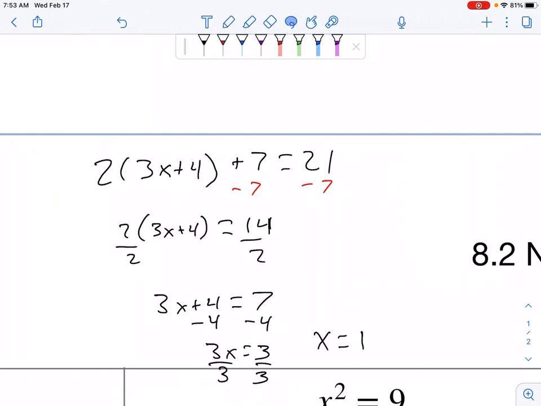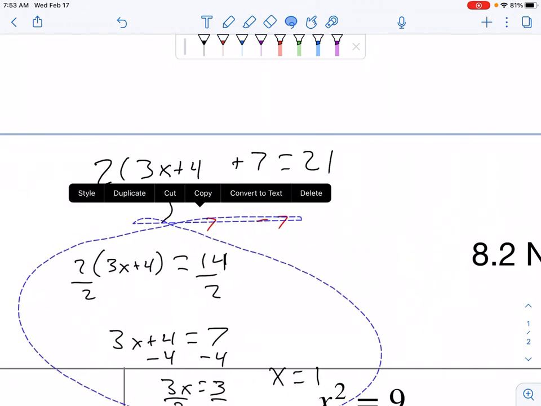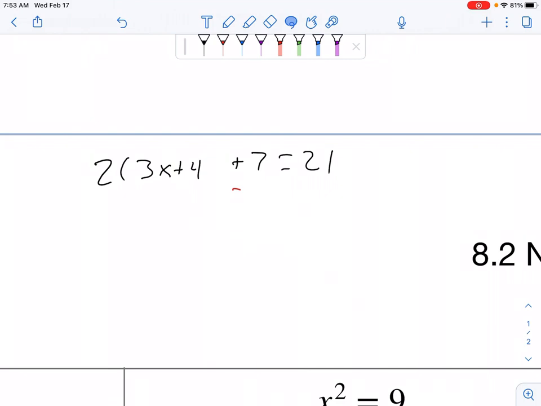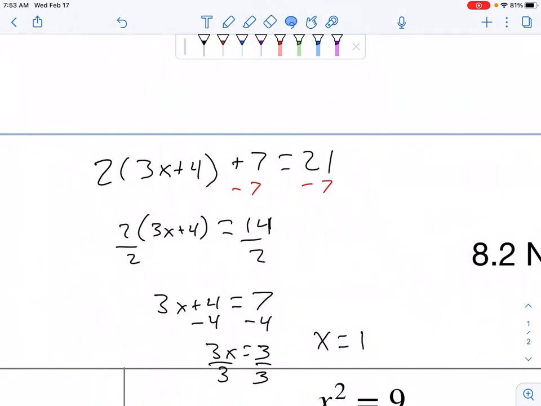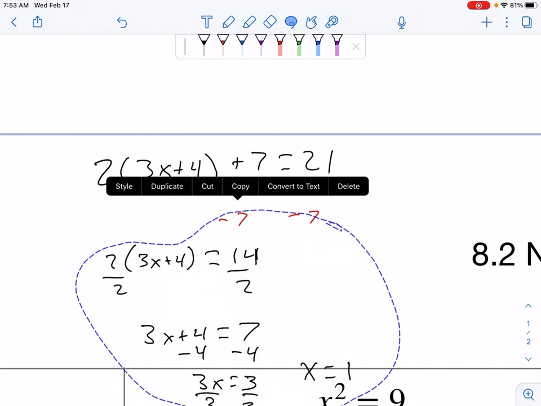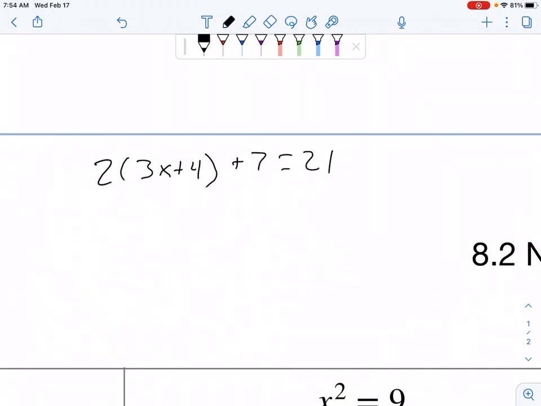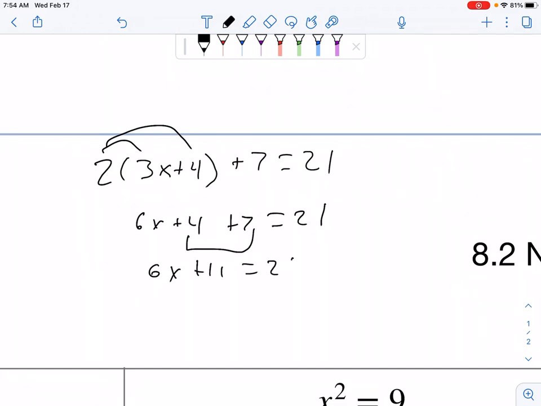The way that we've really been working with, and we're going to use more than anything, is that you could also have distributed, right, and gotten 6x plus 4, and then plus 7 equals 21, and then we would put 4 and 7 together to get 11, so 6x plus 11 equals 21.